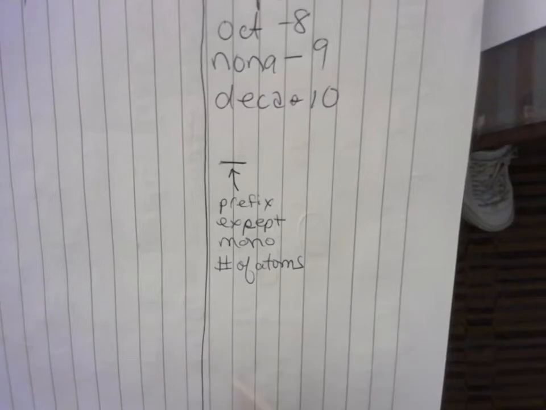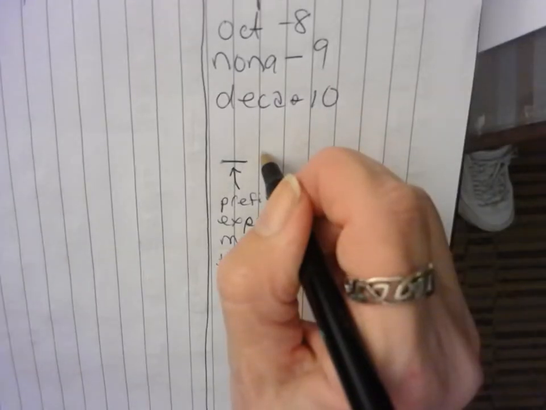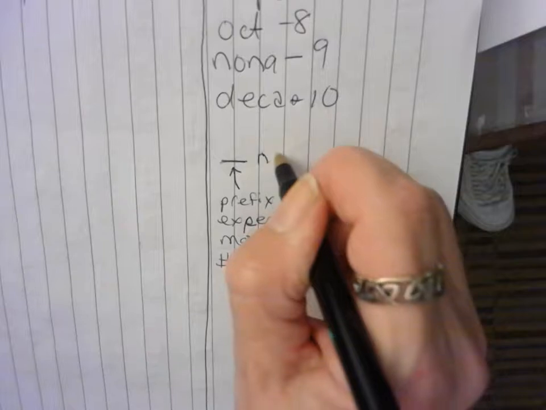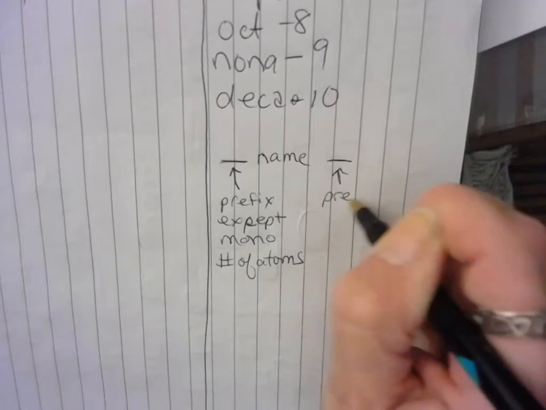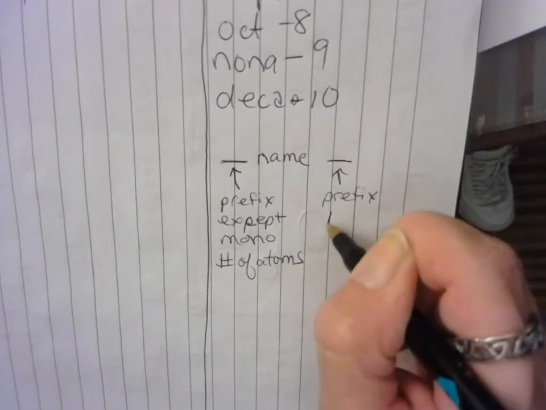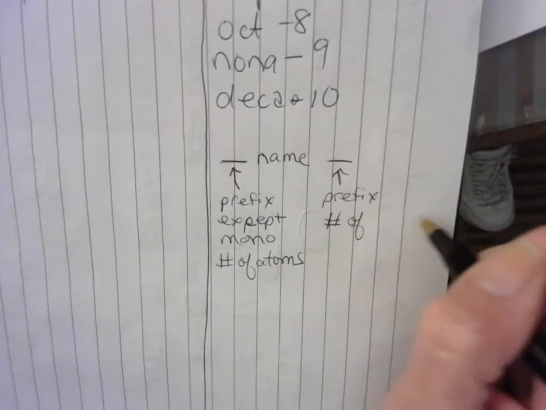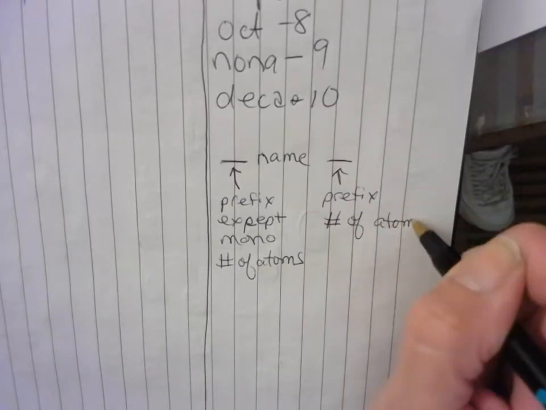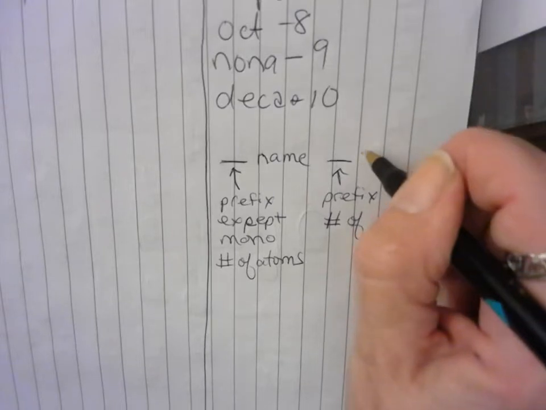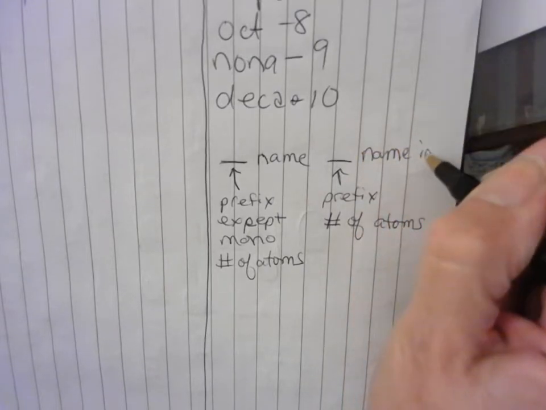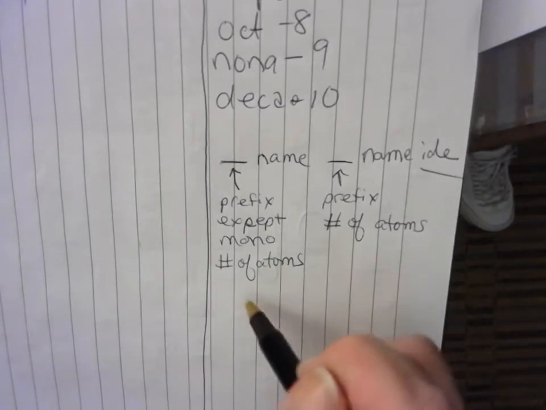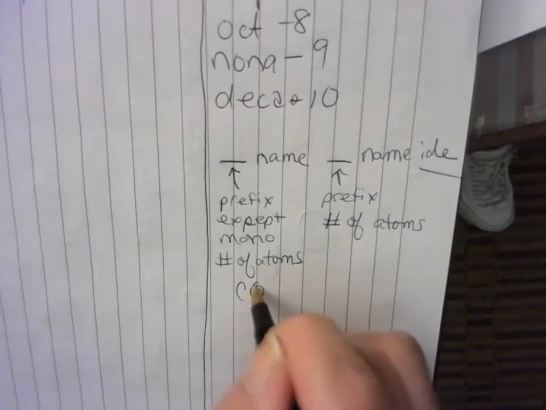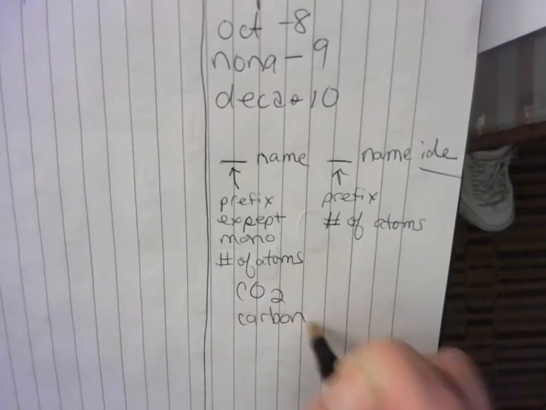I didn't realize you couldn't see that. I apologize. And then the name of your cation, and then a prefix which represents the number of your anion atoms, and then the name with ide at the end. So you all probably recognize CO2 as carbon dioxide.